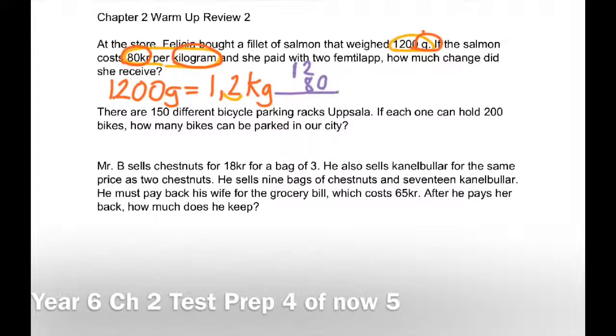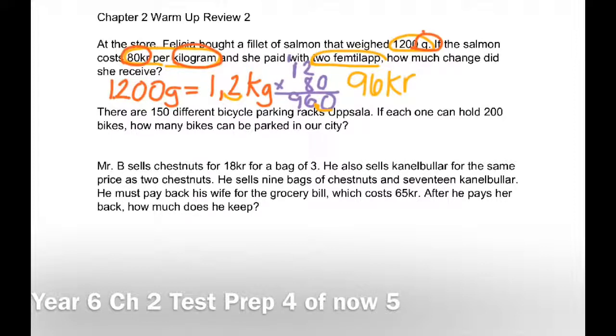If I put the 0 at the end there, it means that I can just keep the 0 right there. Then 8 times 2 is 16. 8 times 1 plus 1 is 9. So it's 96. And then move the decimal back over. So she would pay 9.6 kroner. But the question asks, she paid with 2 of those.